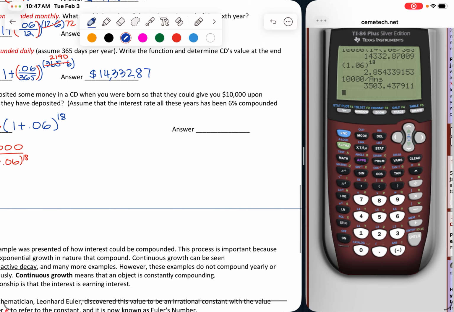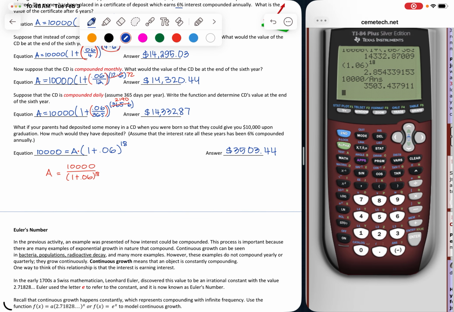And we have 3503.44. So they would have had to invest $3,503.44 into the bank account when you were born in order to give you $10,000 when you turned 18.